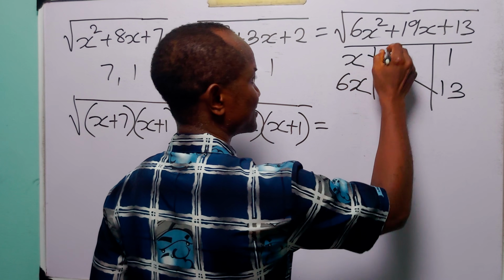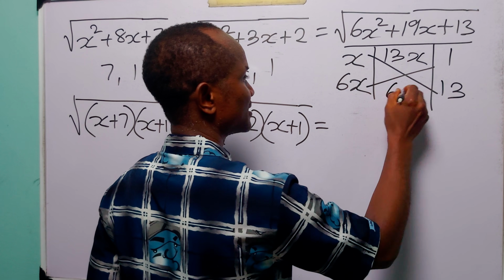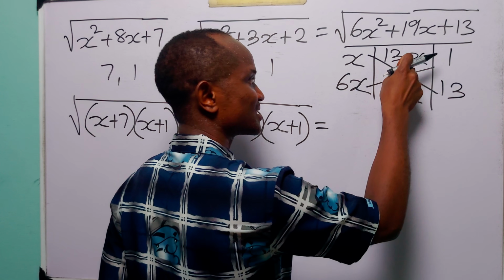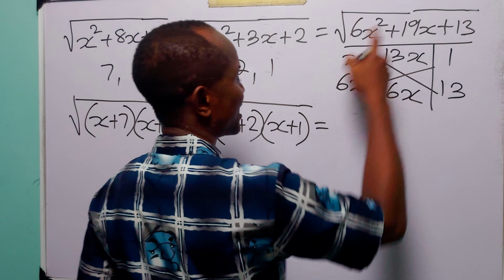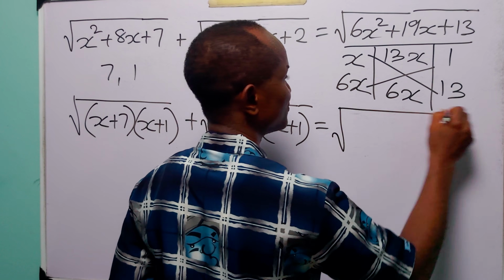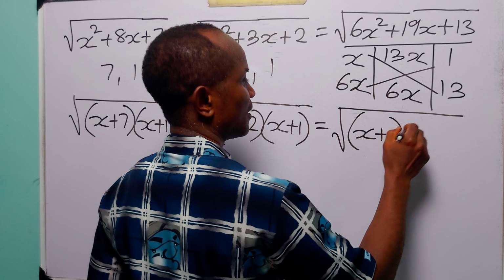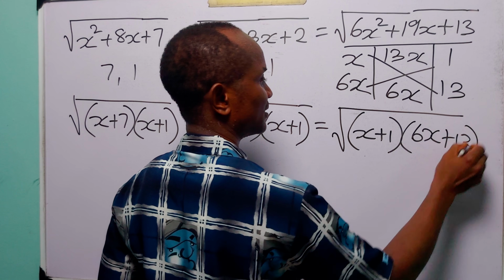Now, x times 13 is going to give us 13x, and 6x times 1 is going to give us 6x. Notice that 6x plus 13x is going to give us 19x. So we can write this as the square root of x plus 1 multiplied by 6x plus 13.